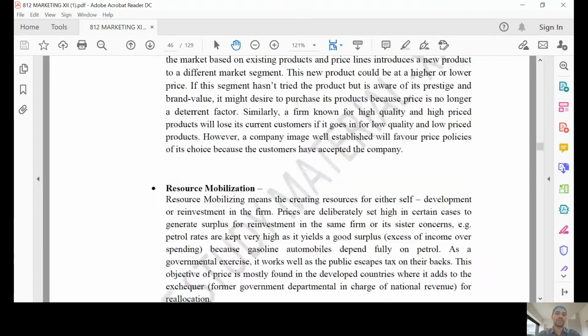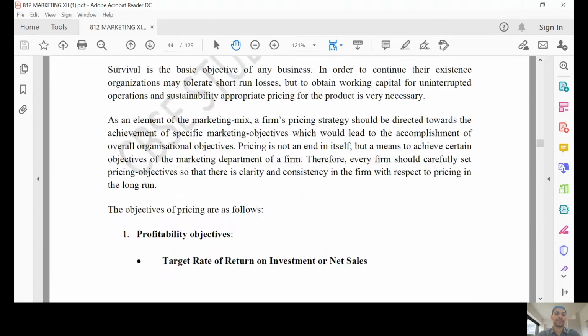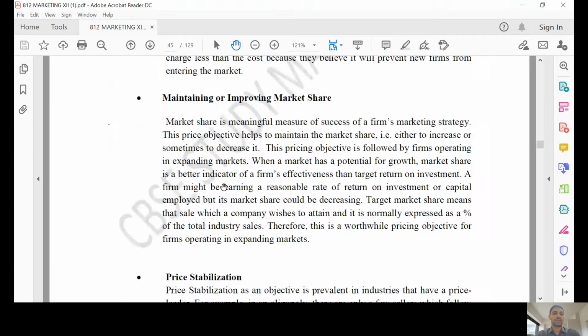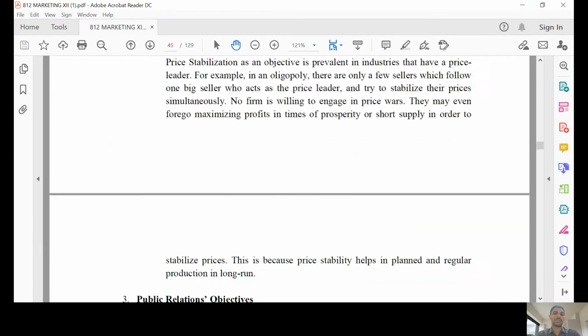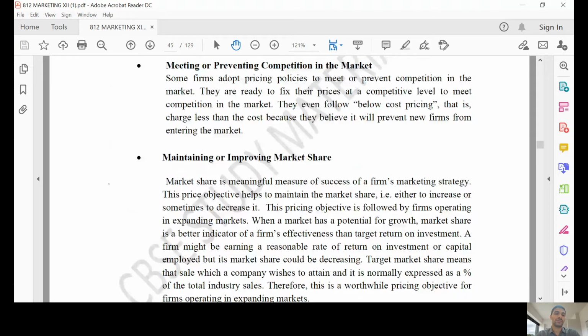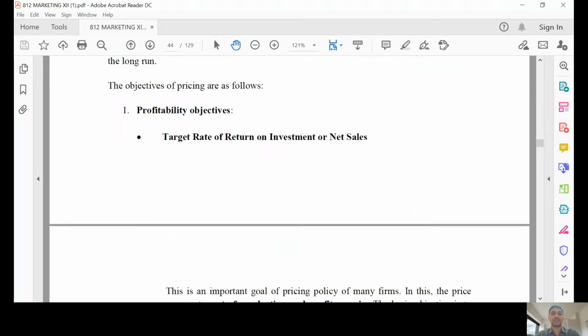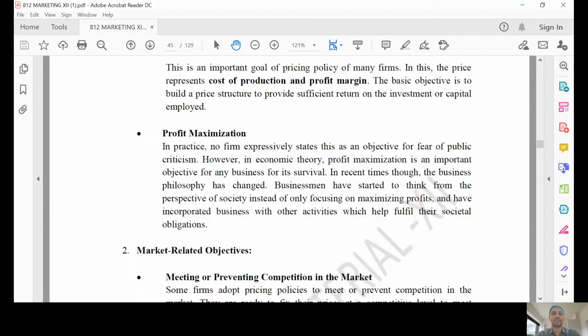So we have discussed the objectives of pricing. The objectives of pricing include the profitability objective, the market related objective, as well as the third one, the public relations objective. The first one is the profitability objective, where the company is trying to get back the money invested in the business, as well as trying to increase its profit.